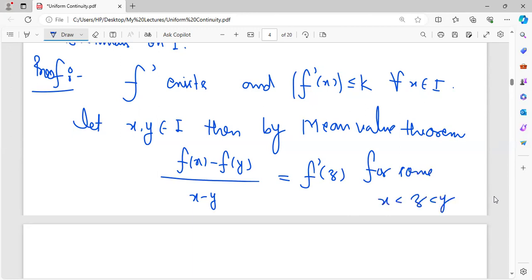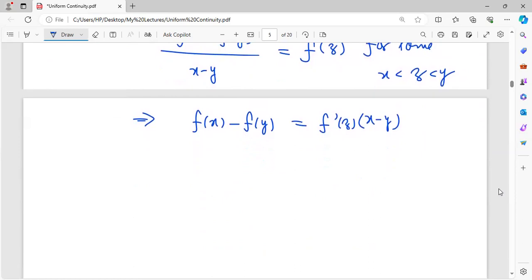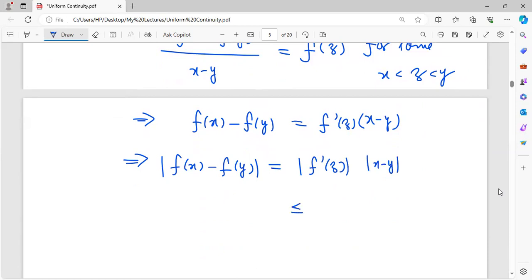Okay. So we can write this by this. You multiply both sides by x - y. Now take the absolute value of both sides. But the derivative is bounded by k. So what does it mean?